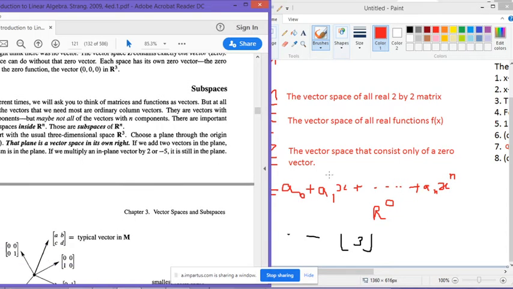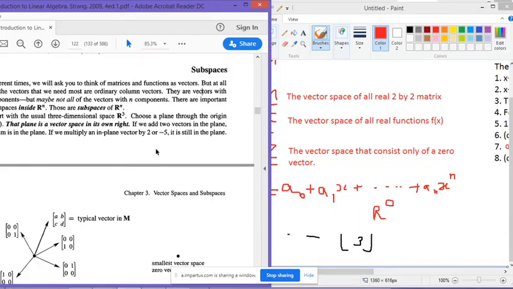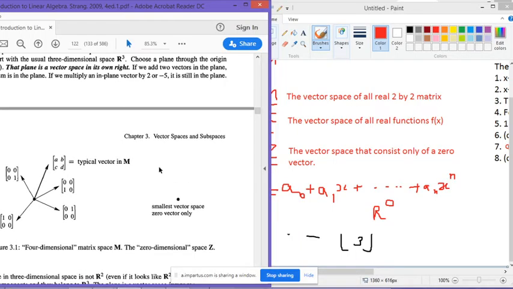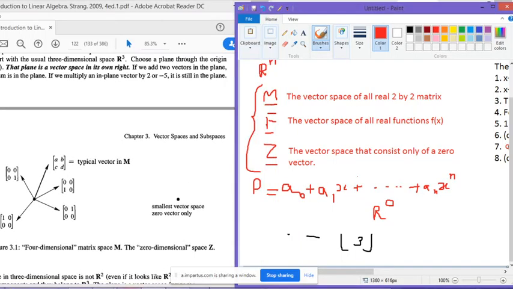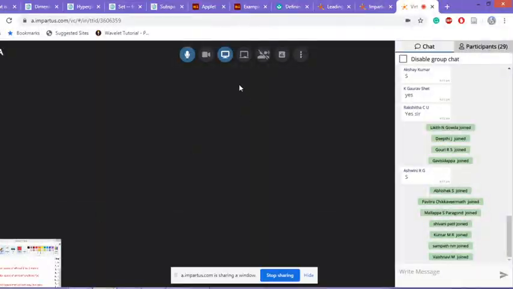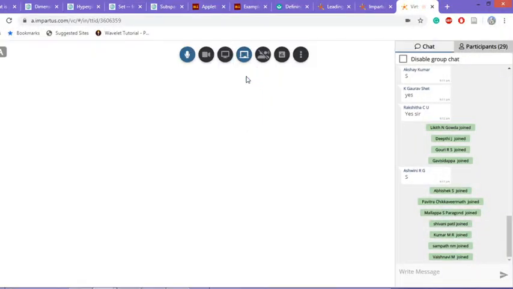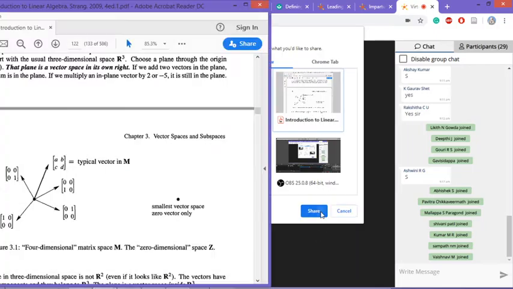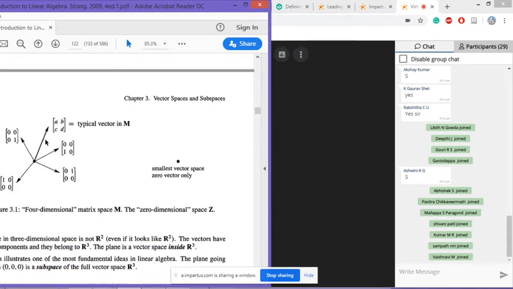So now let us look into the subspaces. Now if you see here, this is a 4-dimensional space.